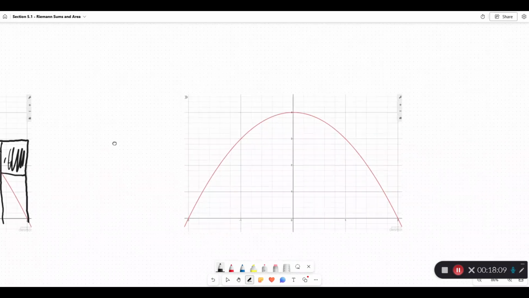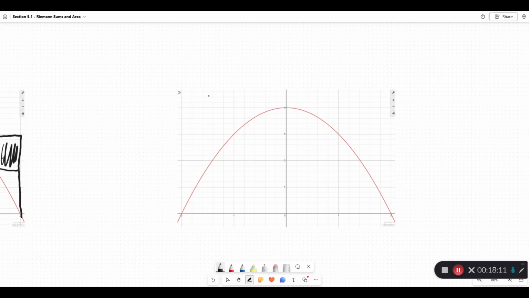The main point is not that left-sided or right-sided is better. You're going to see overestimates and underestimates in both. What is better is to use what is sometimes called the midpoint rule, or a midpoint Riemann sum, where let's, again, divide it into 4.